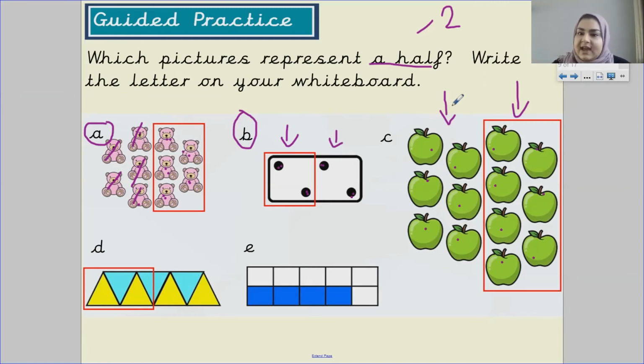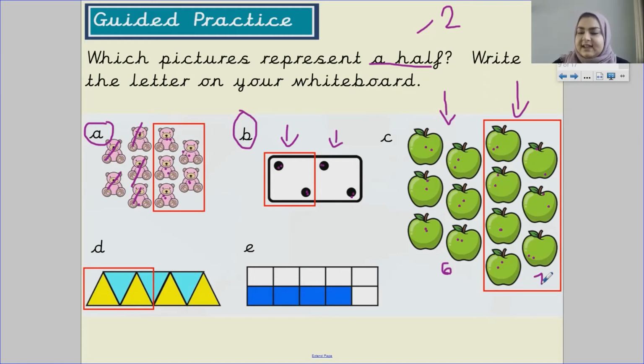I am going to count how many apples I have in part 1, then how many apples I have in part 2. So let's count. 1, 2, 3, 4, 5, 6. 1, 2, 3, 4, 5, 6, 7. So I have 6 in part 1 and I have 7 in part 2. Does that represent a half?